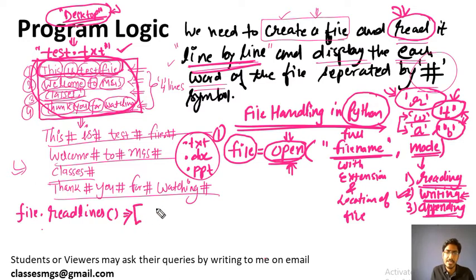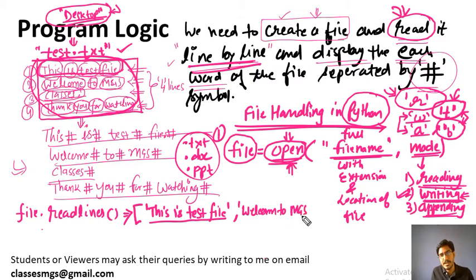This will return a list in which each line will be printed like this. "This is test file." So this is the first item of the list. Then the second item will be "welcome to MGS classes", and that will be the second line.